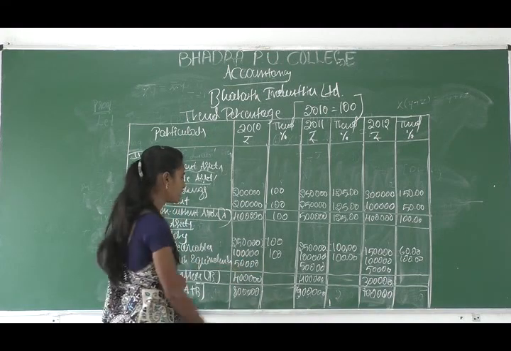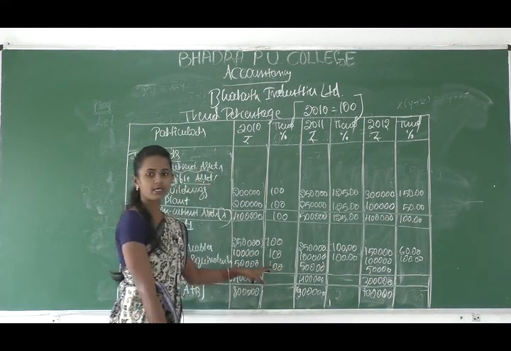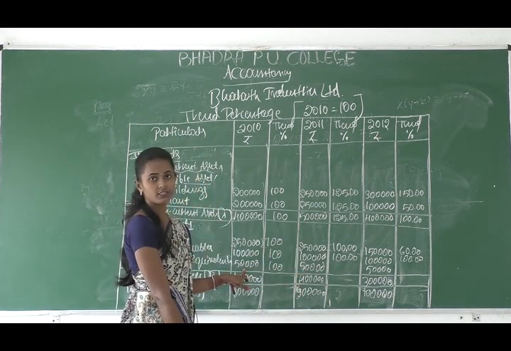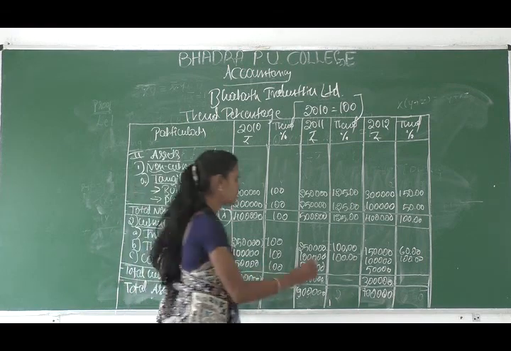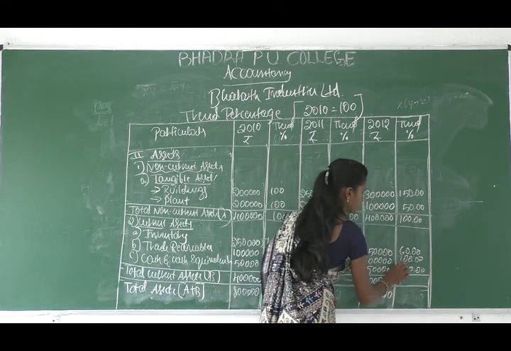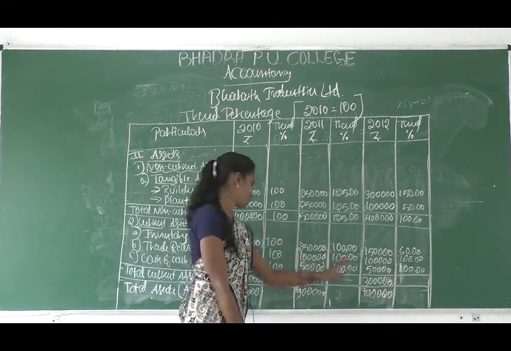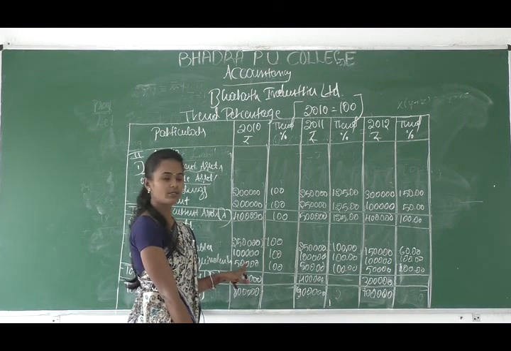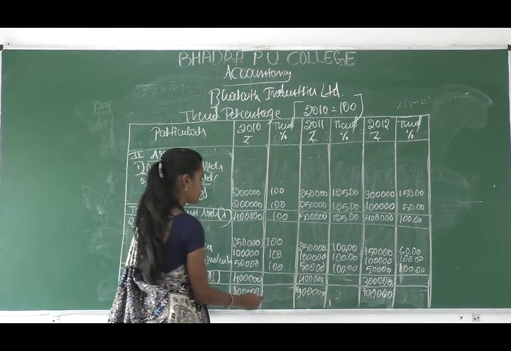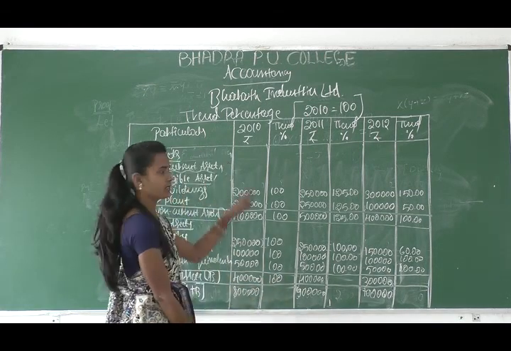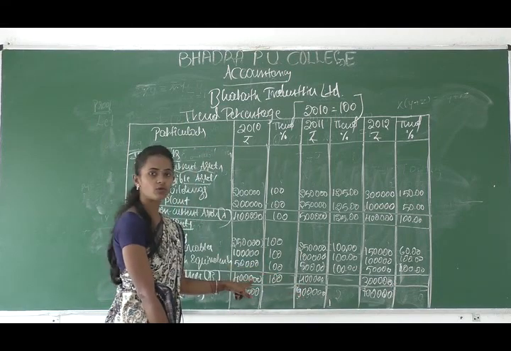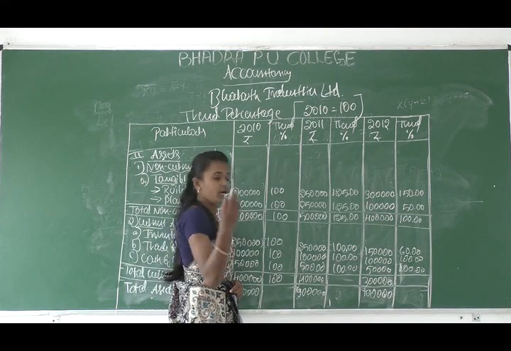Next, in 2010 the percentage is 100%, and here it's 50,000; 50,000 divided by 50,000 into 100 gives 100%, and the same calculation again gives 100%. Here 4 lakh shows 100% because our base year is 2010, and 4 lakh divided by 4 lakh into 100 again gives 100%.